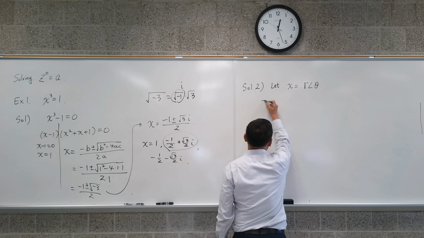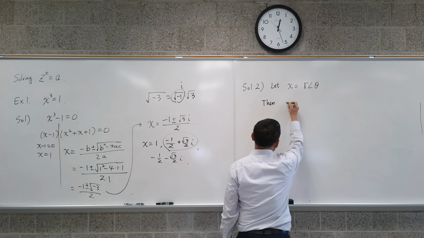Then x to the third power would be r with angle theta multiplied by itself 3 times, right? What's this if you multiply these two? What did I say about multiplication? The magnitudes just multiply.